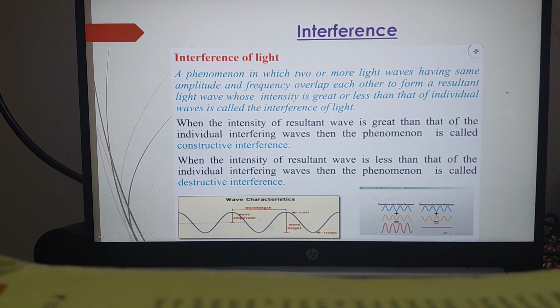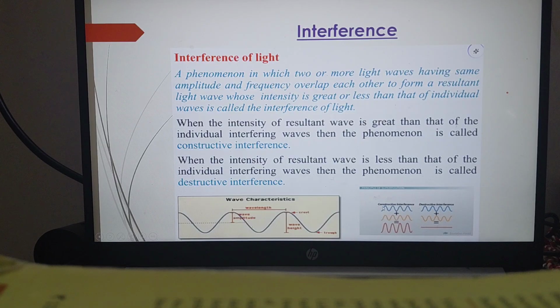We already saw in the previous class the characteristics of waves: what is crest, what is amplitude, what is wavelength. Coming to constructive and destructive interference, if you observe here, this is constructive interference.